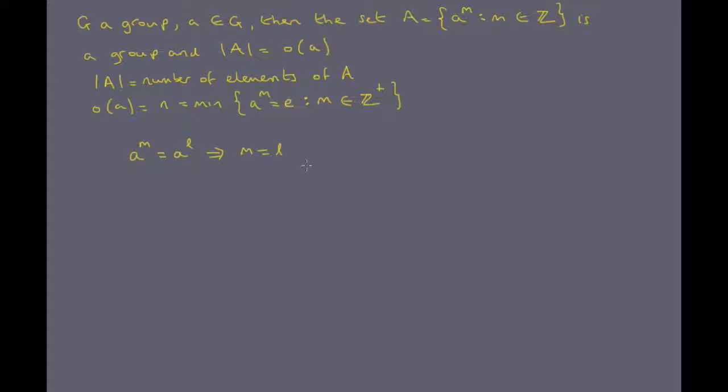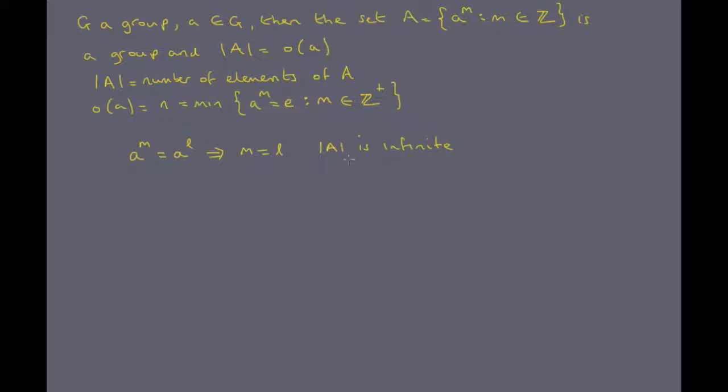Well, if this is true, it means that the order of the group A is infinite, because no integer powers of a will be equal unless they share the same integer. So unless m equals l, the integer powers cannot be equal. So there will be an infinite number of them, and in this case we say that the order of A is infinite.